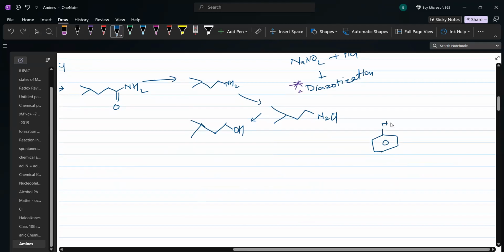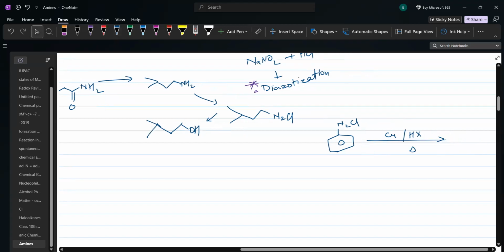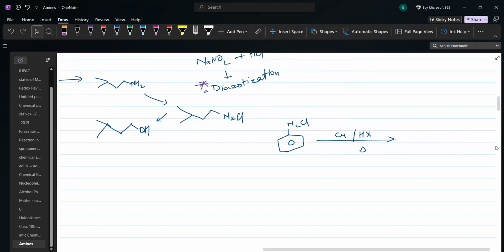From diazotization, you should know that when N2Cl is formed, you just have to take Cu plus Cu and any HX, HCl or HBr or HI, and when you heat, what happens? This will form.